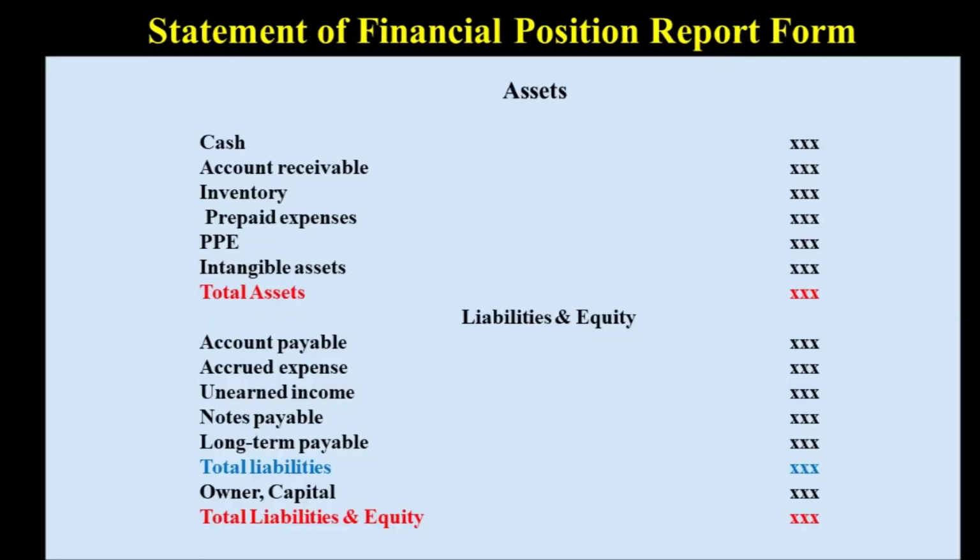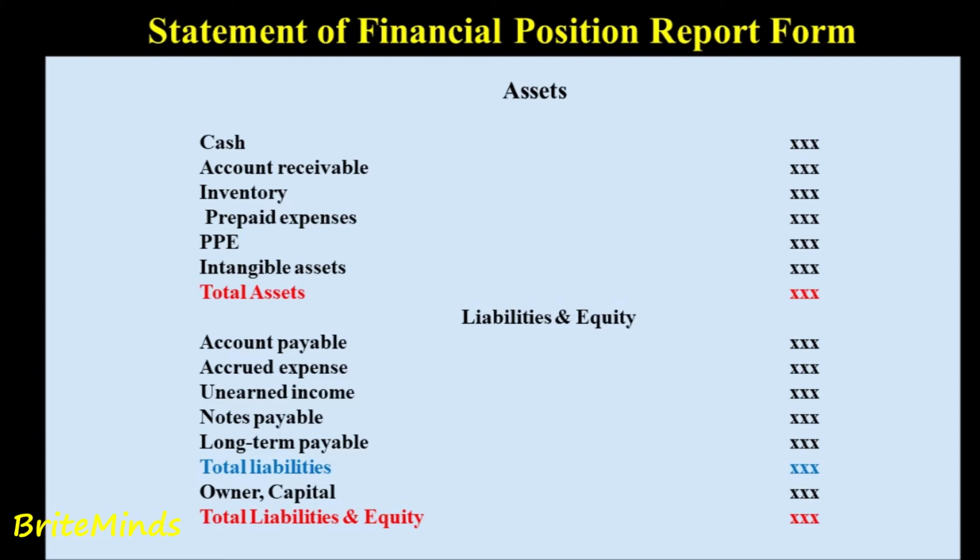The report form of the statement of financial position is a simple listing. Assets are listed first with the corresponding account titles like cash, account receivable, inventory, prepaid expense, PPE, intangible assets.